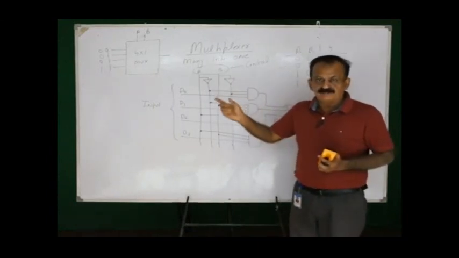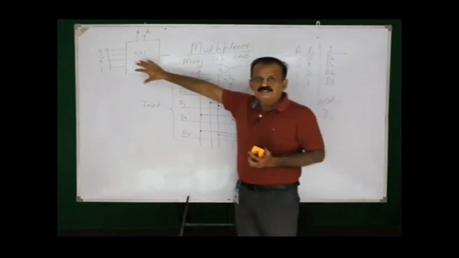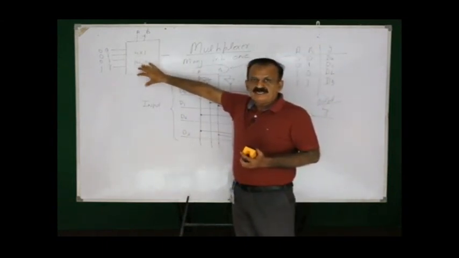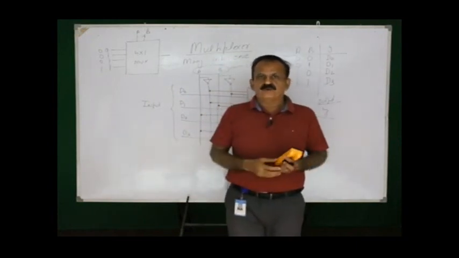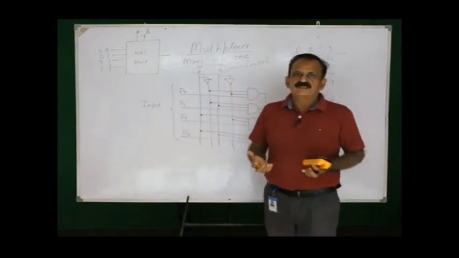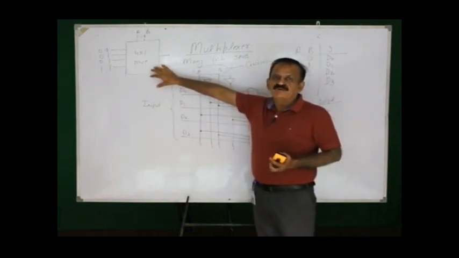So this same multiplexer will be working as an AND gate. It can be used as an OR gate, an AND gate, and if the values are according to the XOR gate, the same can be used as an XOR or exclusive OR gate, or the NAND gate. So it can be used as a Boolean function generator.